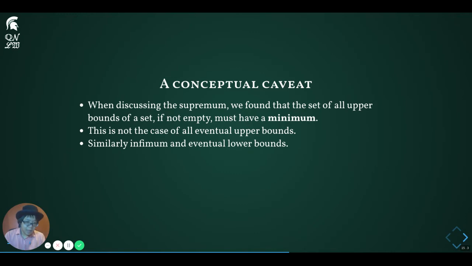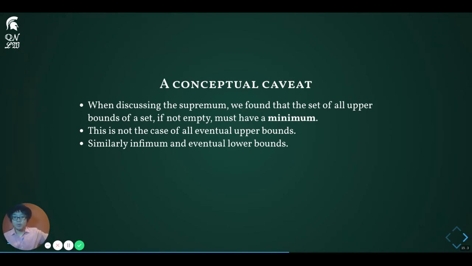We cannot define the lim sup as the minimum value of the set of all eventual upper bounds. We have seen in the example on the previous slide that the set of all eventual upper bounds may not have a minimum. For the sequence 1 over n, the set of all eventual upper bounds is the set of all positive numbers. This set has an infimum 0, but it does not have a minimum.